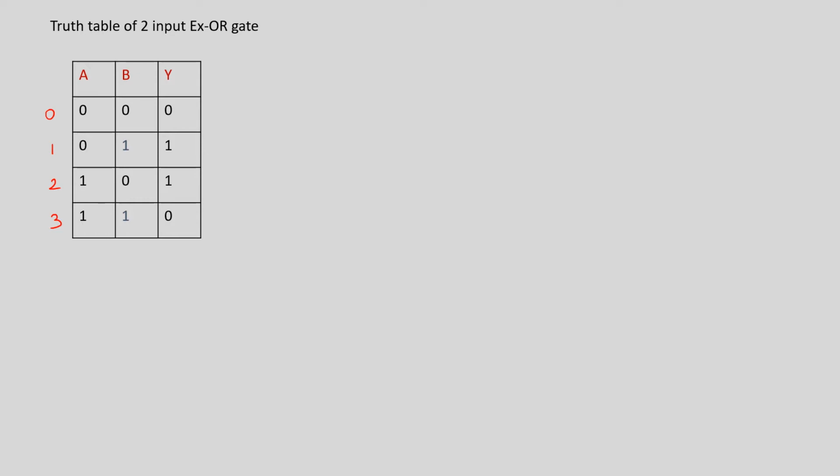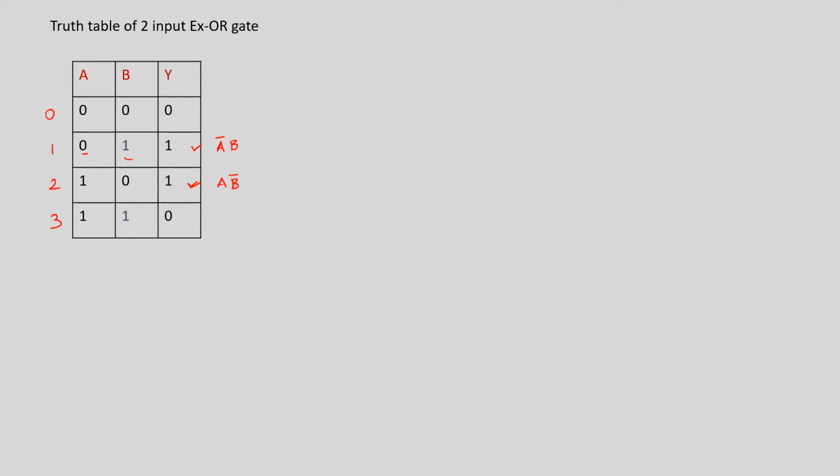Let us understand. In the output column, we have 1 for two entries, for this and this. This one output is represented by the input combination A bar B. Bar we write for 0 and no bar we write for 1. We have 1 here also, so we write the term like this.